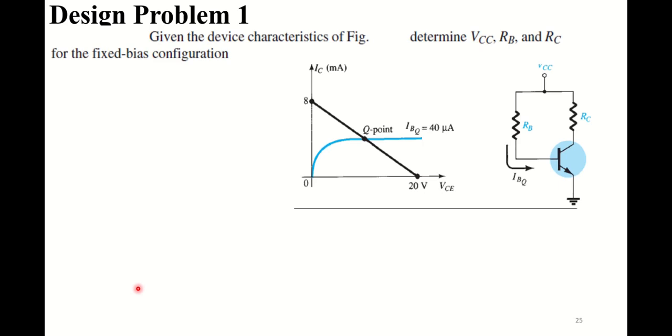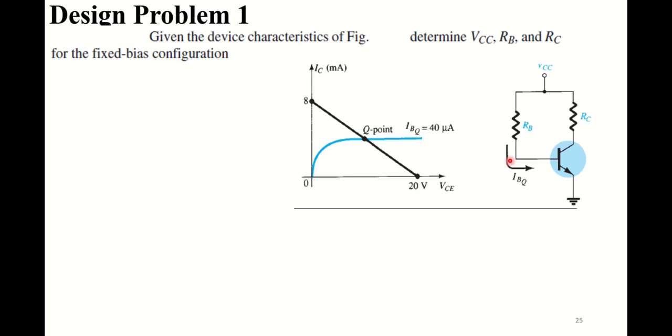In this example, we need to find the values of VCC, RB and RC. All we are provided with are these two figures, including an output characteristic graph with a load line and the configuration in which the BJT is connected. You should be smart enough to figure out your answers from the given set of information.